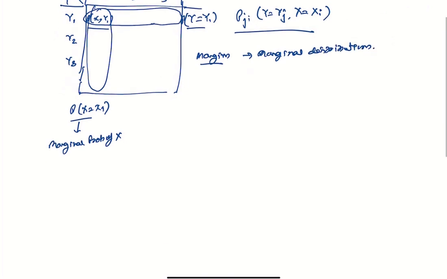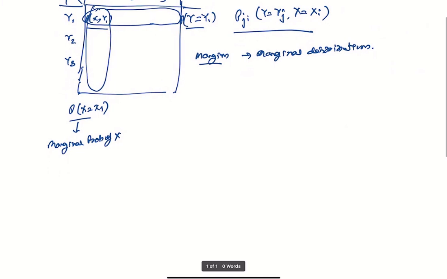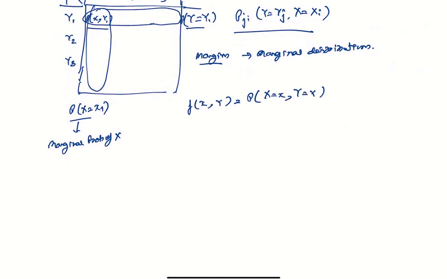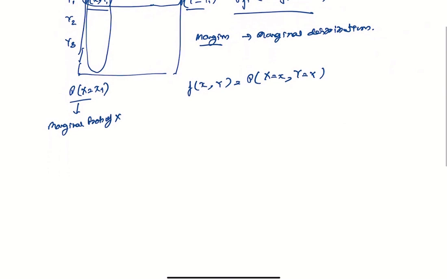So the joint distribution of x and y is given by f(x, y), that is, the probability of x is equal to little x and y is equal to little y, while the marginal distribution, let's just say it is called g(x), is the same thing.